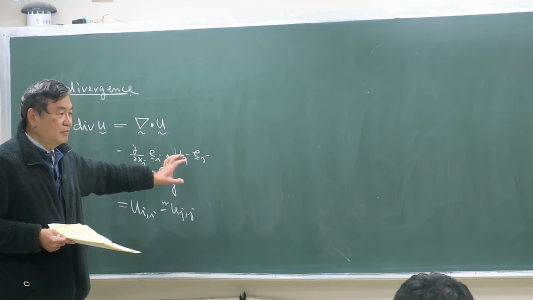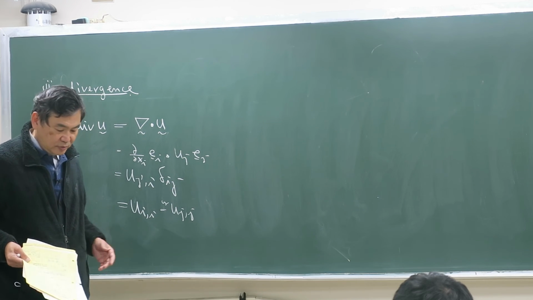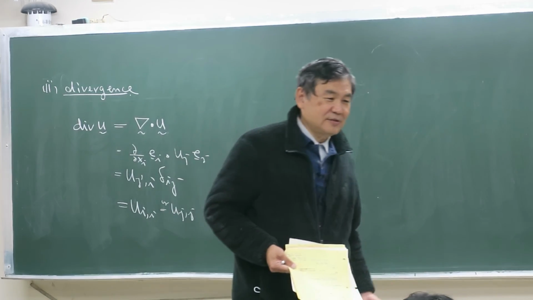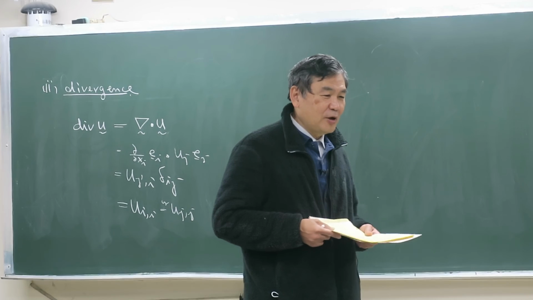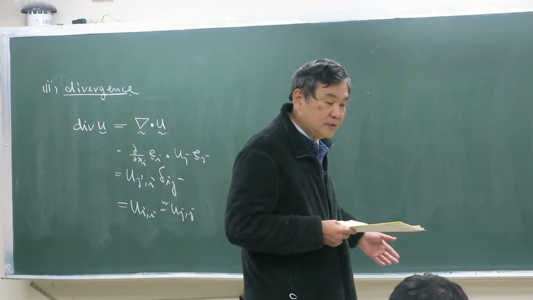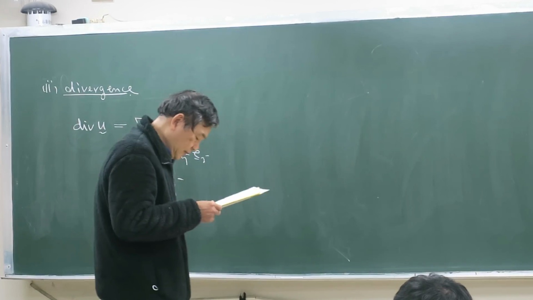Some people show the Christoffel symbol, upper index, lower index. If you don't use it, you forget it. But this is Cartesian, very easy to memorize.